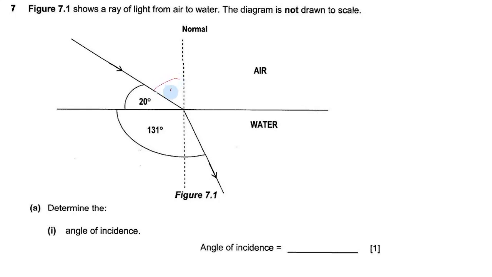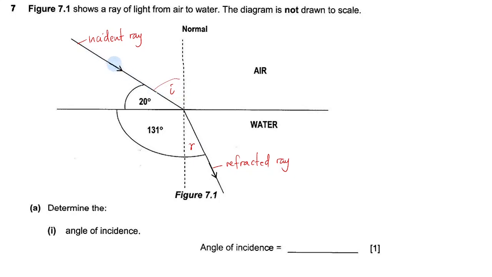The angle of incidence I is the angle between the normal and the incident ray. So this one becomes what we call the incident ray, but this one becomes the refracted ray.